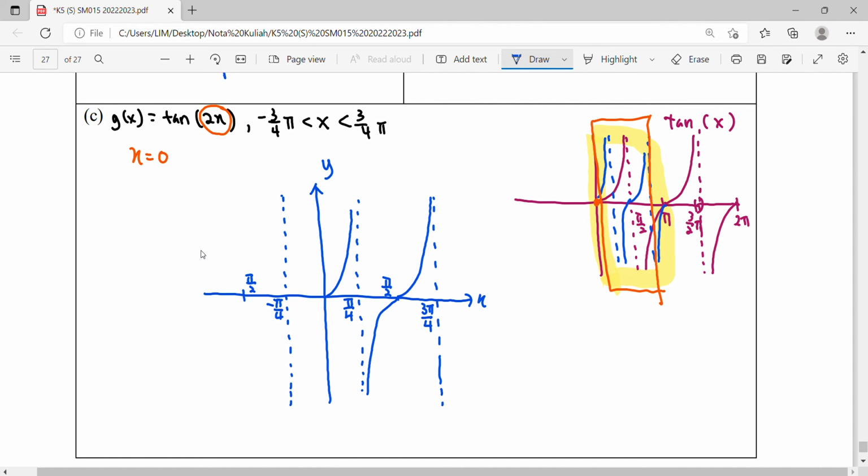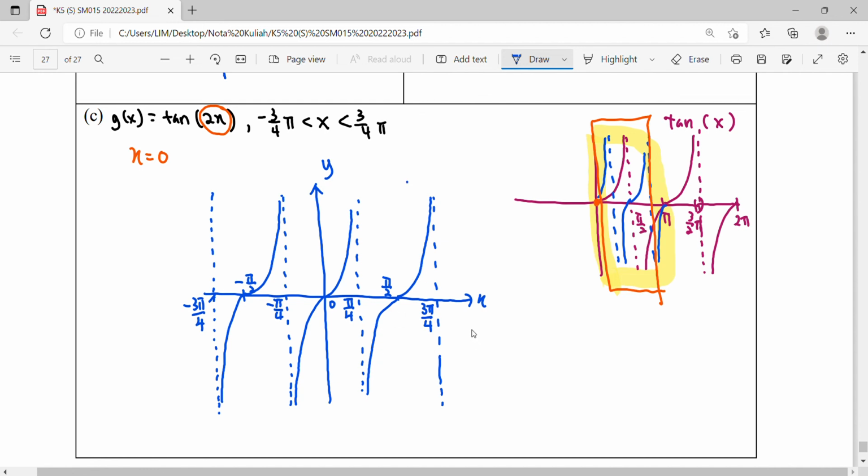Asymptote at 3 pi over 4. Negative 3 pi over 4. Negative pi over 2. 0. Alright, so we are done.